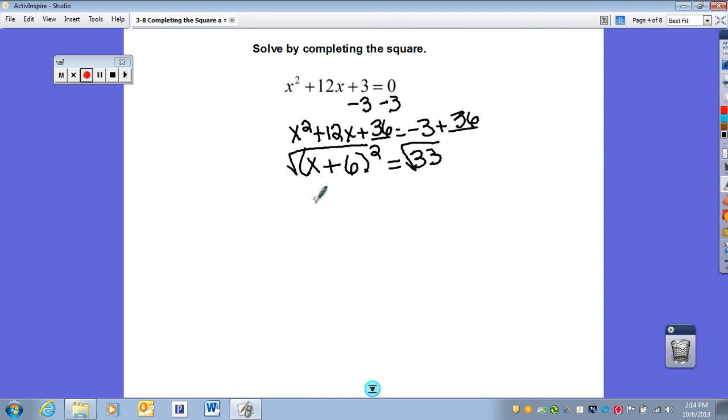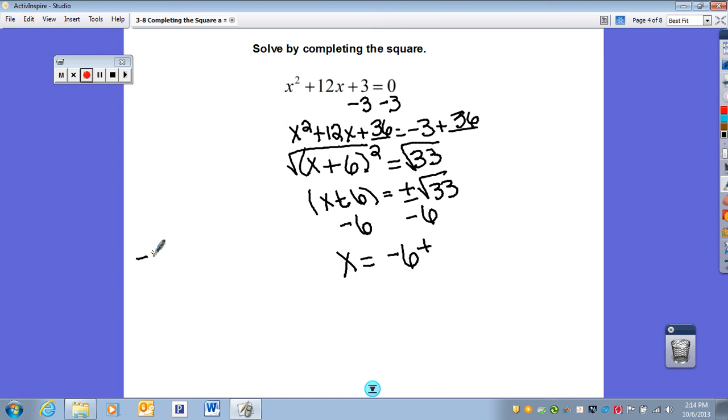So we will have x plus 6 is equal to plus or minus the square root of 33. 33, if we did a factor tree to simplify, would be 3 and 11. So that can't be simplified any further, so we'll subtract 6 from both sides. And so to finish, we have x is equal to negative 6 plus or minus the square root of 33.